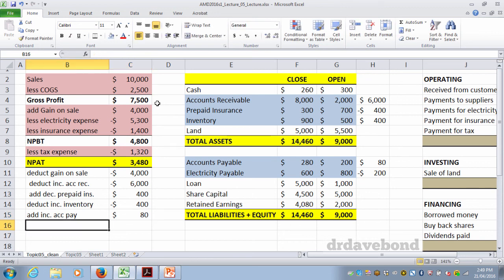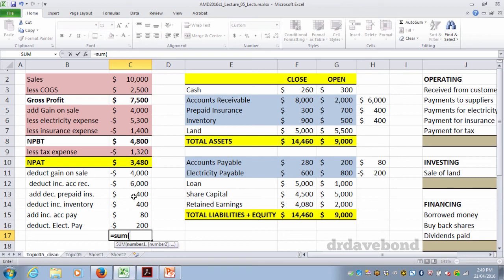And electricity payable has gone down, which means we've actually paid more than what our expense was, so we need to subtract or deduct electricity payable, 200. And fingers crossed, because it's always a bit of a hairy time just in case it's gone wrong. We sum all of this. Da-ding. It's always nice when that happens because you're never quite sure if you stuffed something up along the way.